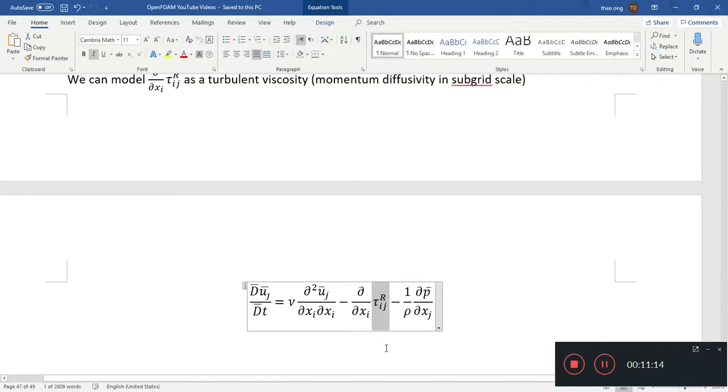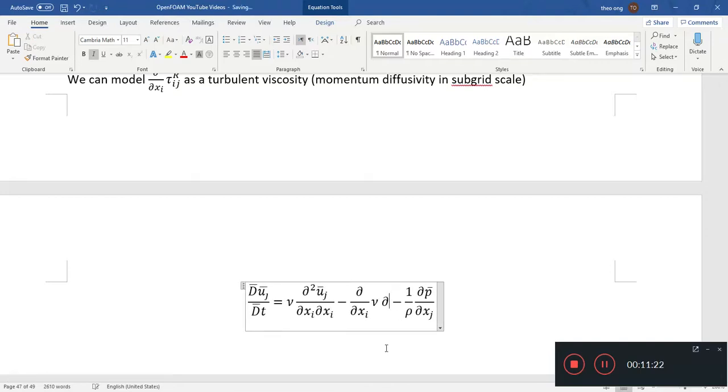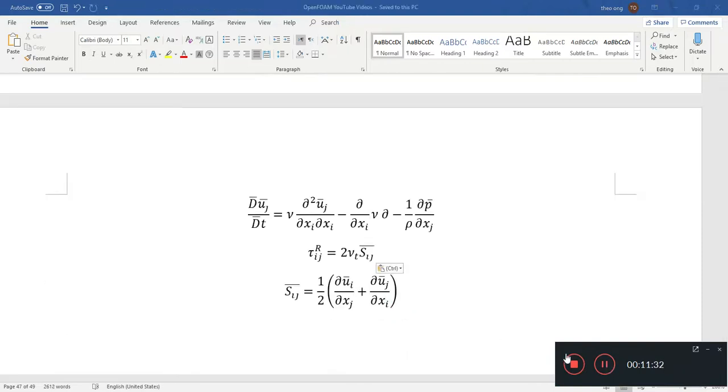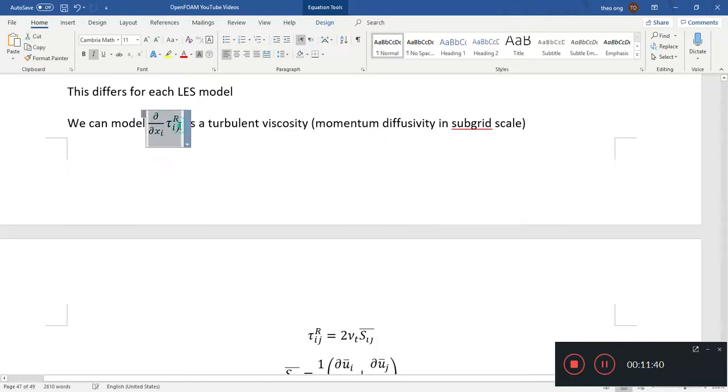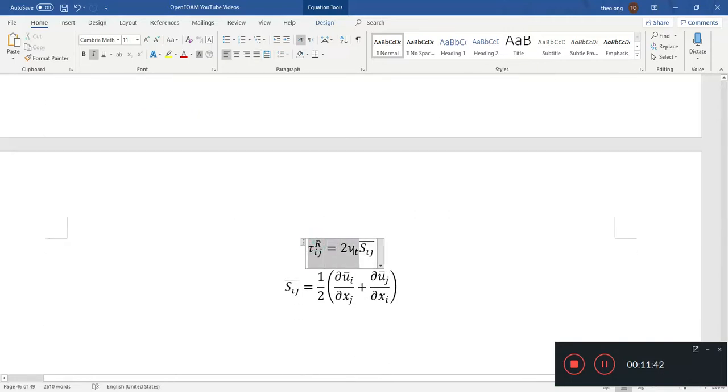This is just tau equals nu. Anyway, how do we model that? Let me cancel this first. Let's model this tau as some viscosity times some rate of strain, which is this velocity gradient over here.